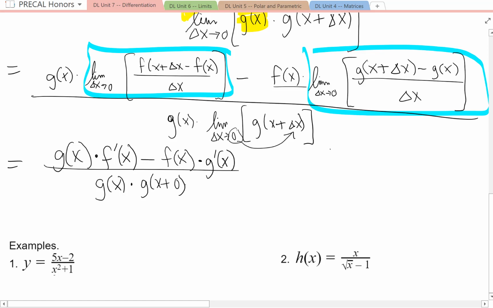Well, g of x plus 0 is just g of x, right?